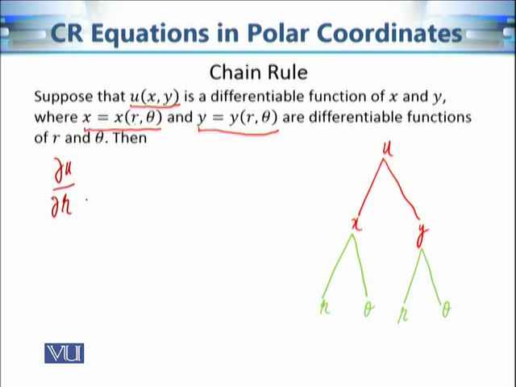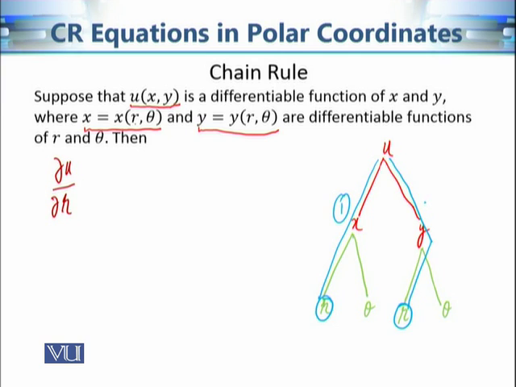Over here we can see that there are two r's at the bottom of this tree. So we want to write down the contribution to the change in u with respect to each of these branches. There are two branches. This is the first branch and this is the second branch. So we want to write down the contribution to the change in u for each of these branches.